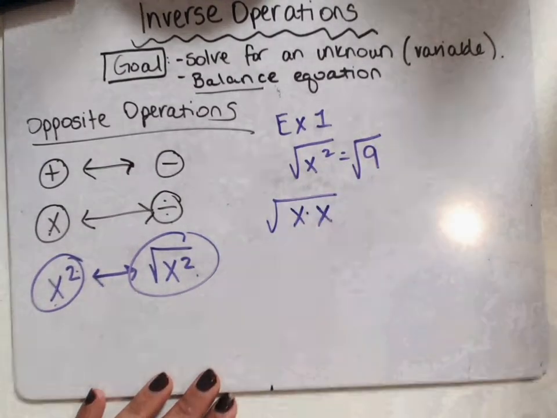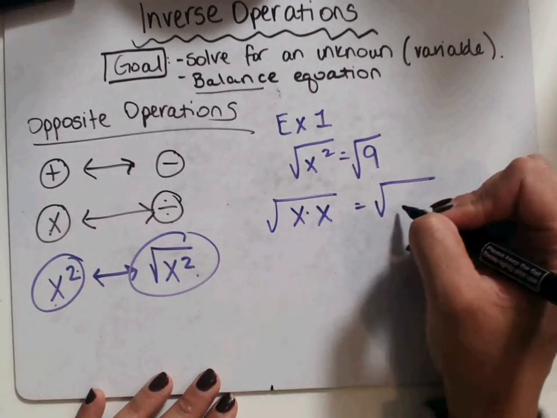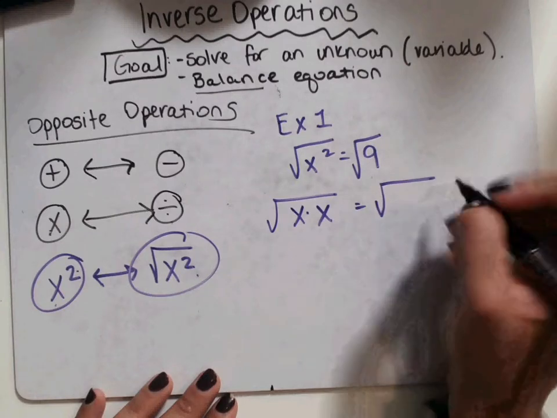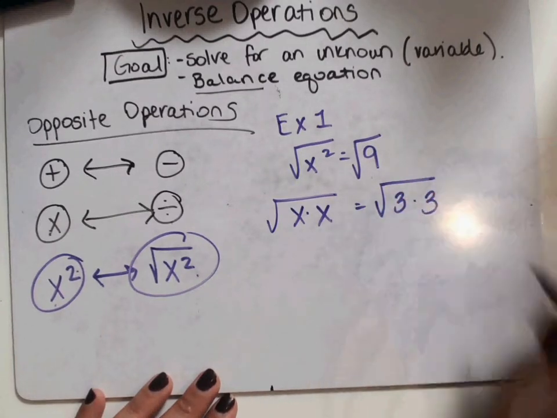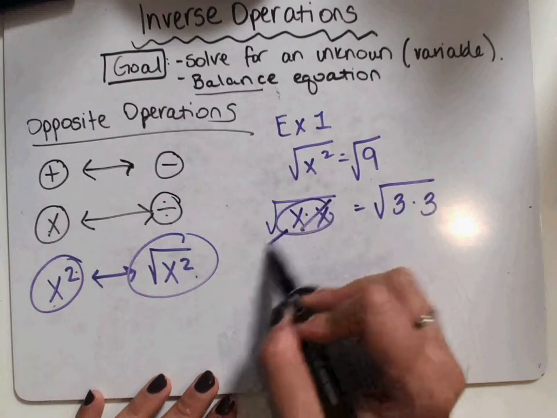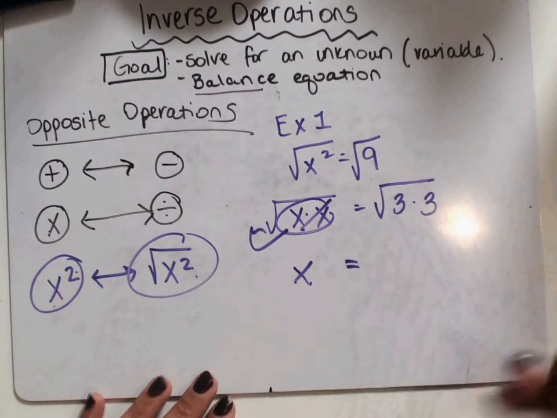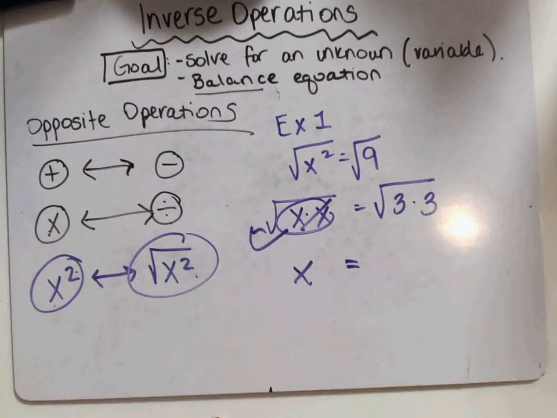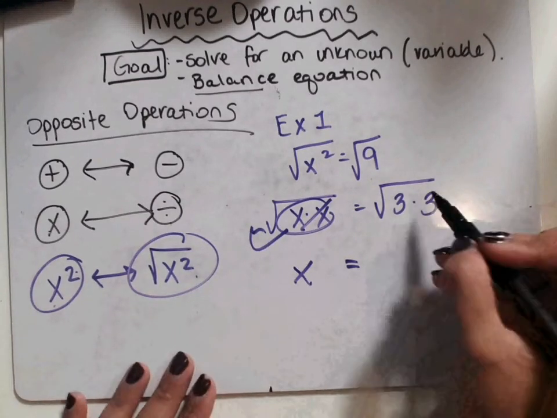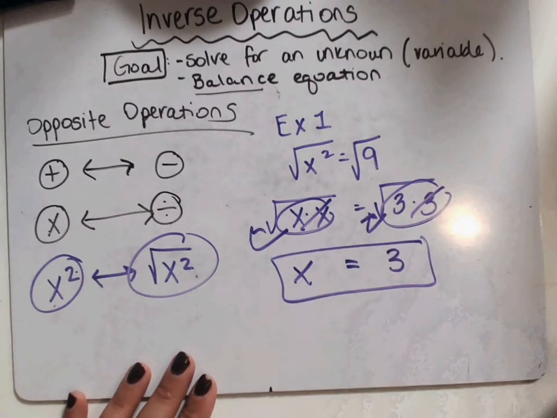Well, x times x will give us x squared. What times what will give us 9? I know that 3 times 3 will give us 9. So if we took the square root of the two x's, we'd be left with x. If we took the square root of the two 3's, what do you think we'd be left with? Hopefully you thought to yourself, just 3.